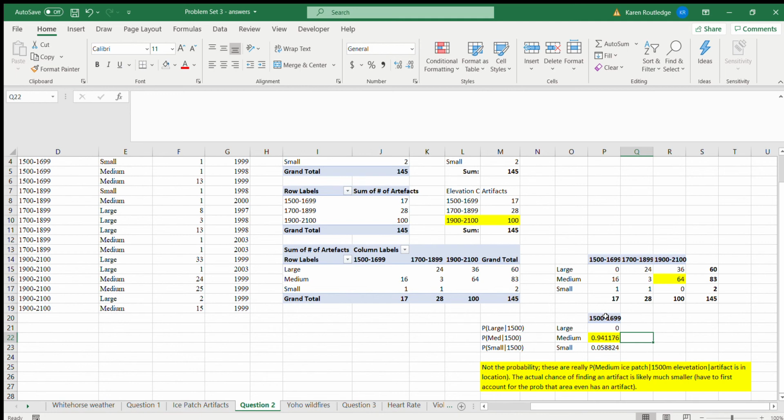So we can't find anything that's not there. And our calculations here in the data are all for ice patches and elevations where artifacts were found. There's no data on ice patches and elevations where artifacts were not found. And so that underlying assumption that an artifact is actually in the location we're searching would drop this probability from 94% to something much smaller and presumably more reasonable.